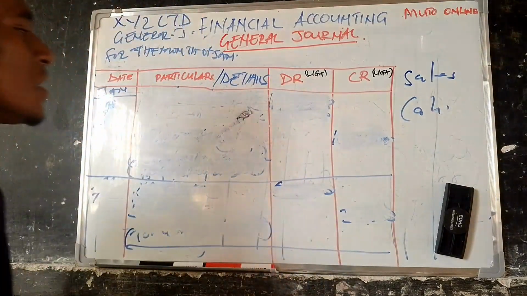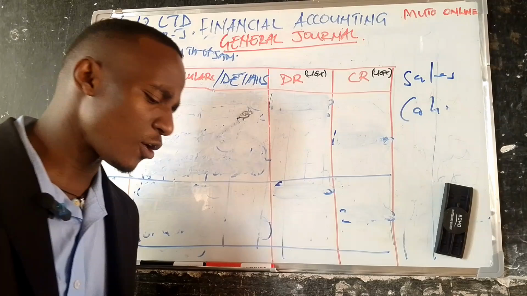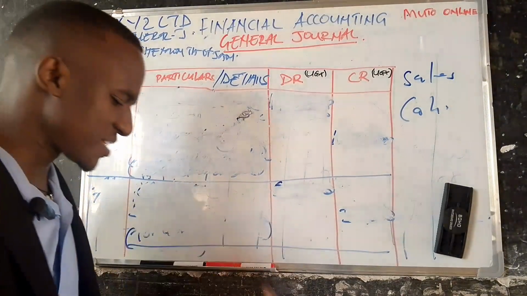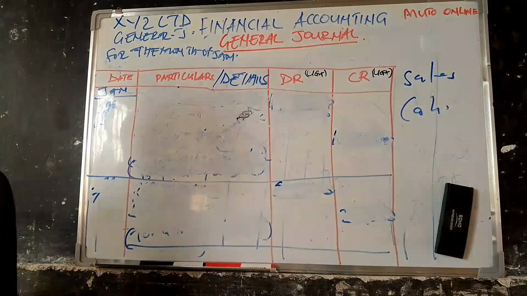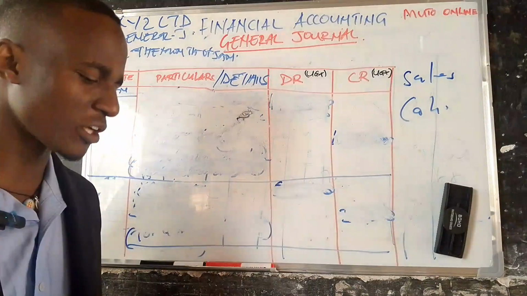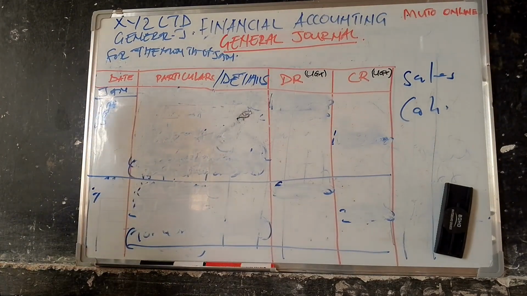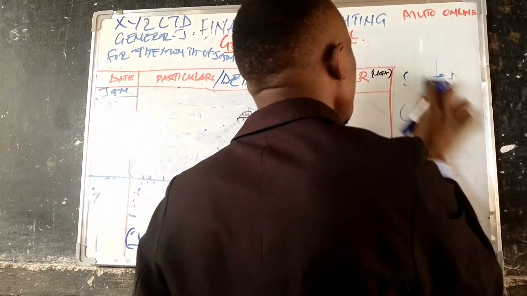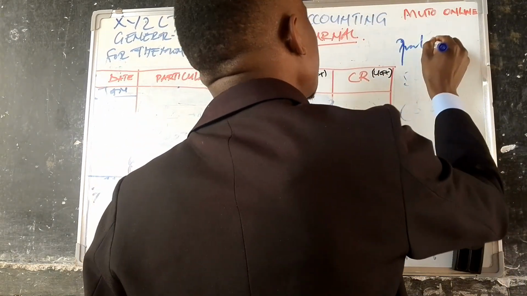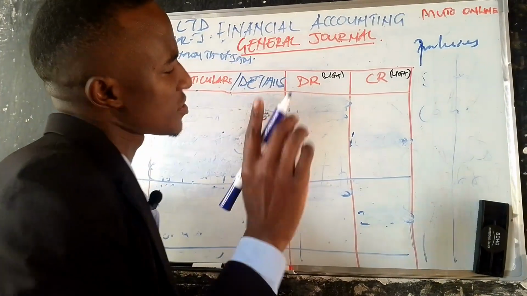So here we are looking at this transaction as purchases. These purchases were bought on credit from TK, worth 500,000. In layman's language, someone on a debt could anticipate the purchases account to be one of the accounts that is going to be recorded.